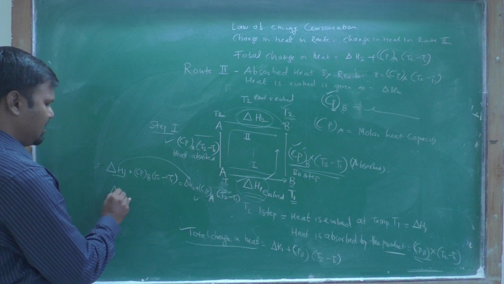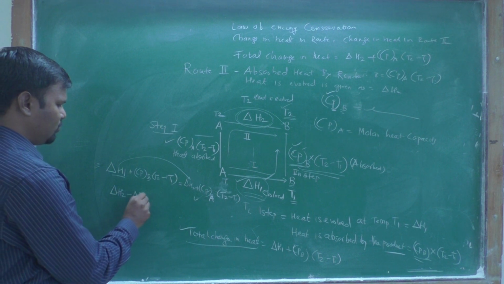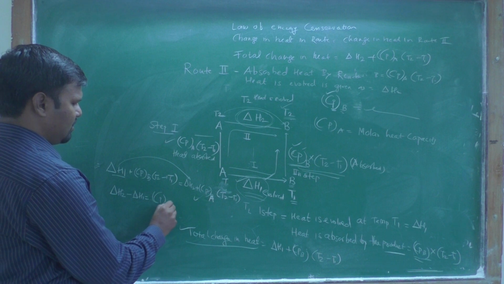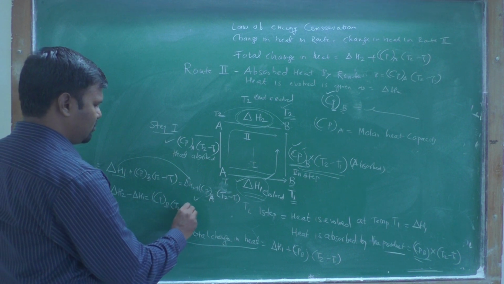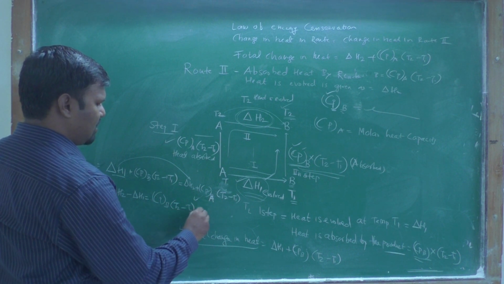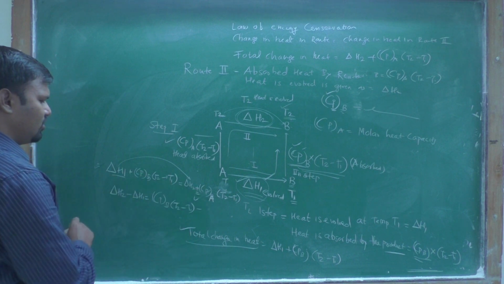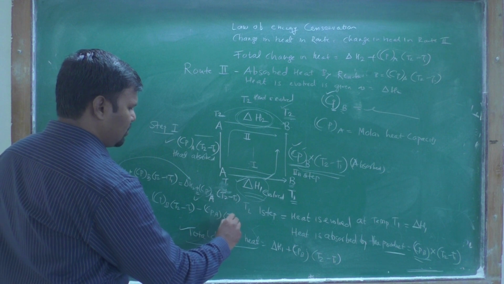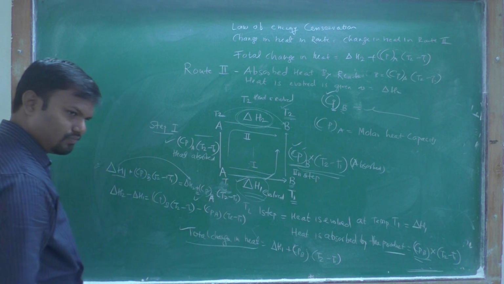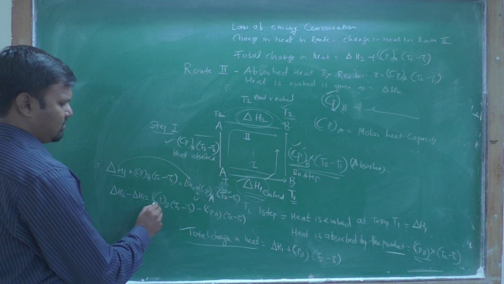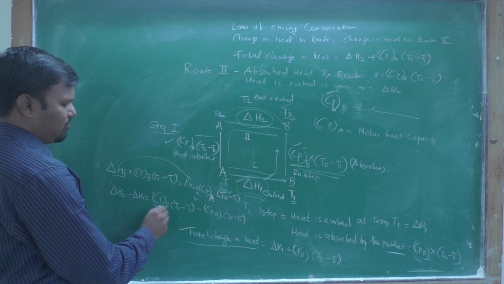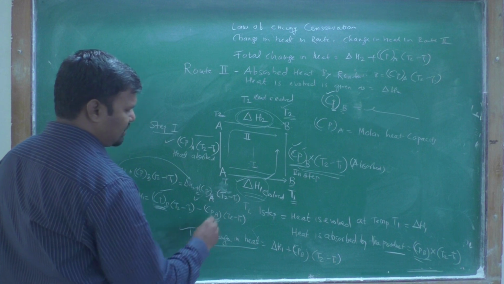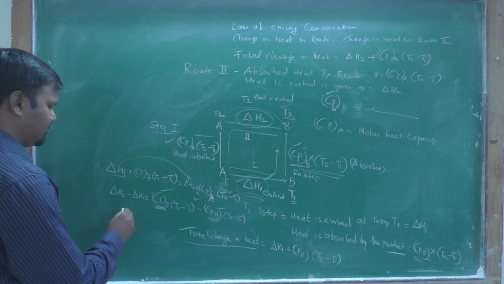Therefore, delta H2 minus delta H1 is equal to CPB into T2 minus T1 minus CPA into T2 minus T1. Here CPB is the average molar heat capacity of the product and CPA is the average molar heat capacity of the reactant.